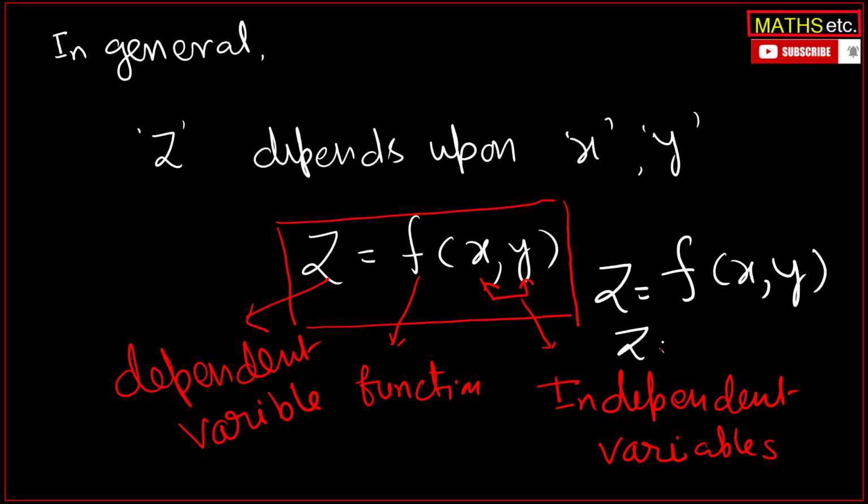For example, say Z equals X square plus Y. So it means this is a rule which relates the dependent variable Z with the independent variables X and Y. Giving any input values to X and Y variables, we can find the value of Z. But when these values are not required, we'll simply denote a function by f, a function f of X comma Y.